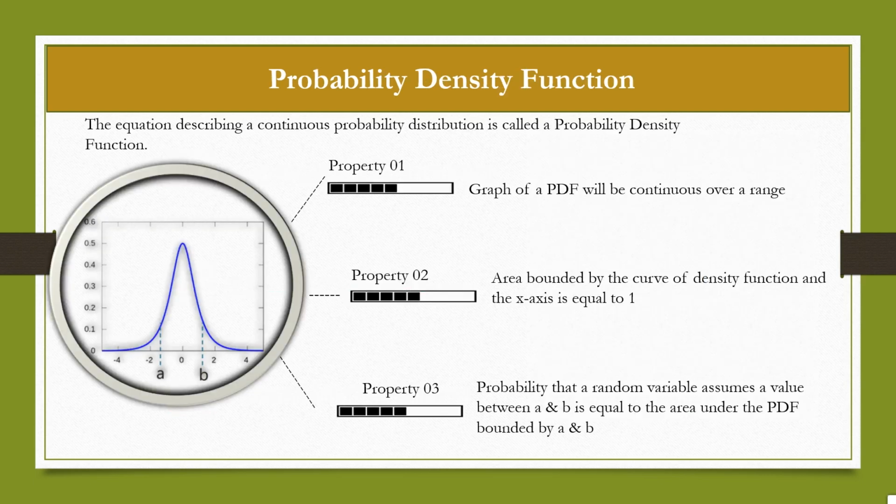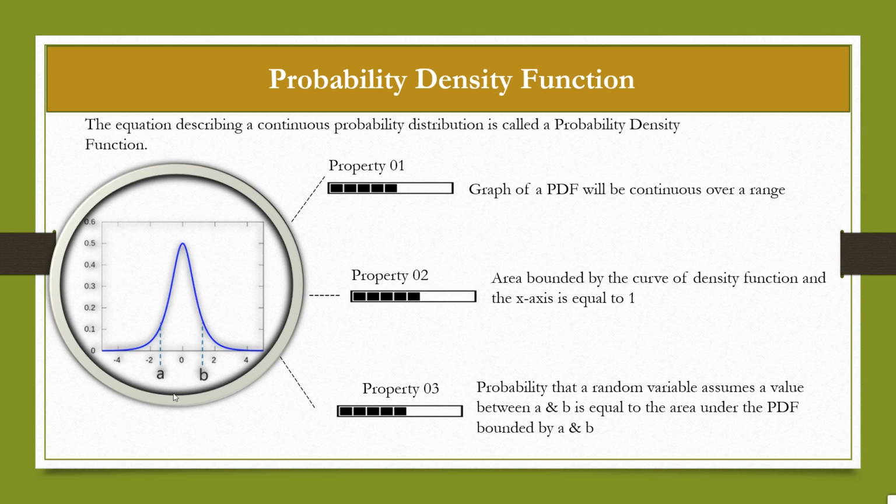Probability density function, also known as PDF, is concerned with the relative likelihood for a continuous random variable to take on a given value. The PDF gives the probability of a variable that lies between the range A and B. You are trying to find the probability of a continuous random variable over a specified range.